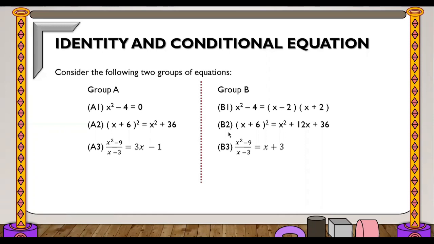While B2 is squaring x plus 6, which is x squared plus 12x plus 36. And for B3, x squared minus 9 over x minus 3 equals x plus 3. So, tingnan natin yung pagkakaiba ng two groups base doon sa ating information given.